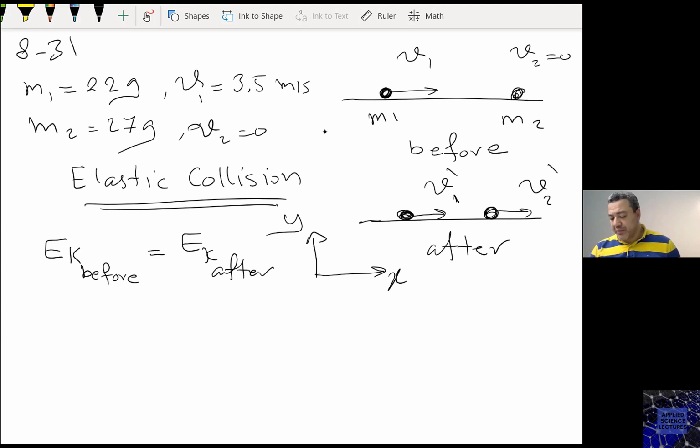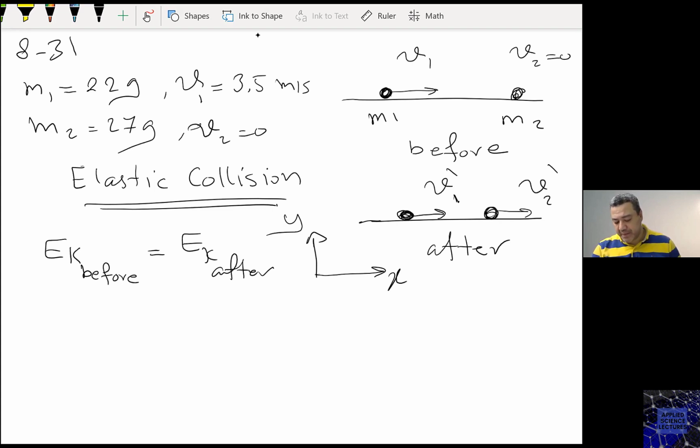Now let's look at the before. When I deal with the kinetic energy, I'm dealing with scalar quantities. I don't look at the vectors. So I have to look at the kinetic energy for both balls, both masses, before and after.